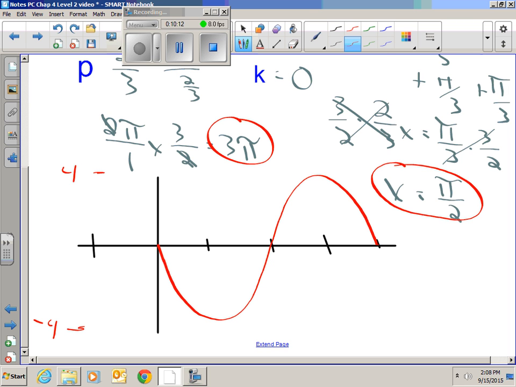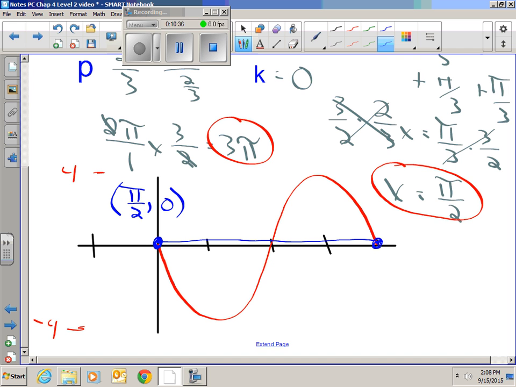Okay, and I also know that this total length right here is 3 pi, but here's the fun part. It starts at pi over 2. So this first ordered pair is going to be pi over 2, comma, 0. My other critical points, it's the last one.